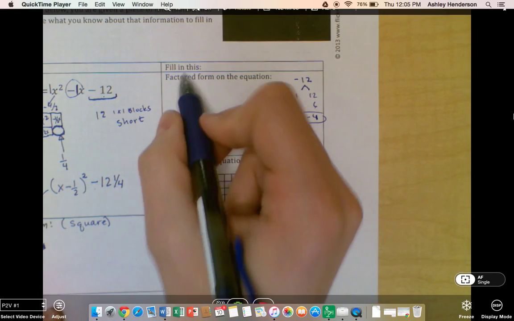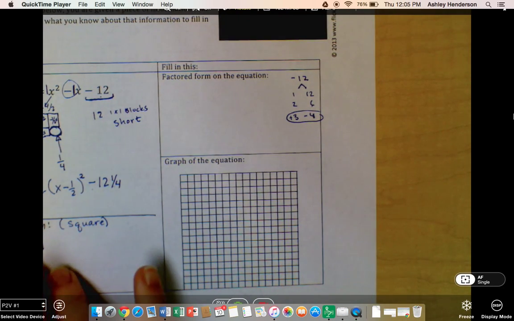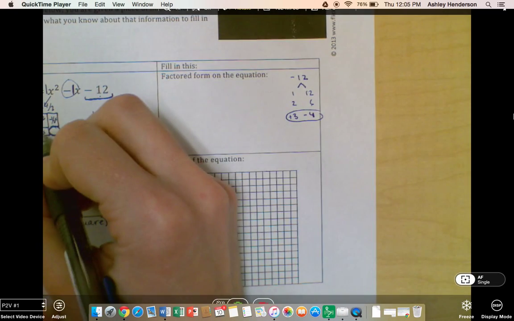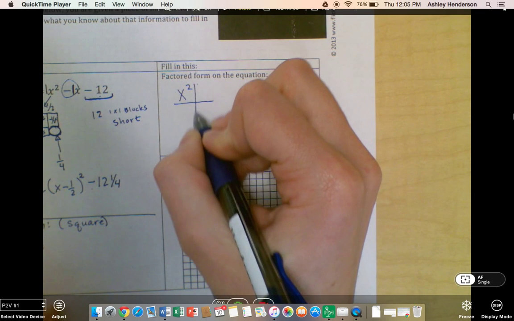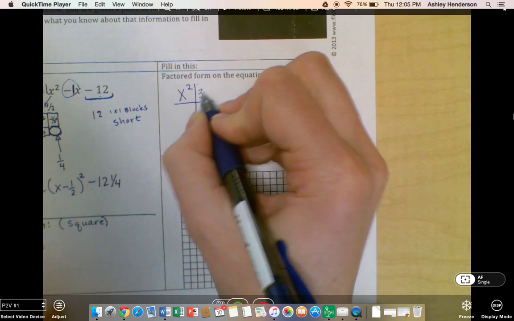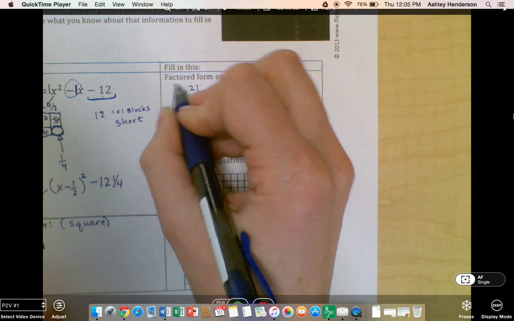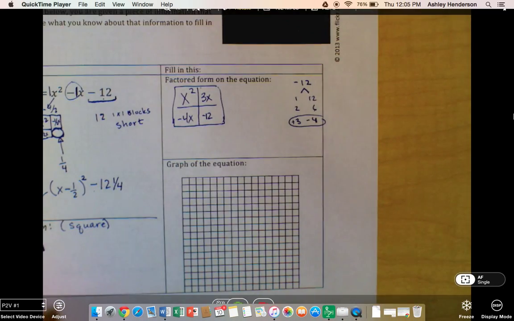So factored form creates rectangles. Vertex form creates squares when you're thinking about this visually. So I know what these two components are here, so I'm going to have x squared, negative 12, 3x, and negative 4x. So this is what the dimensions create when I multiply them together.